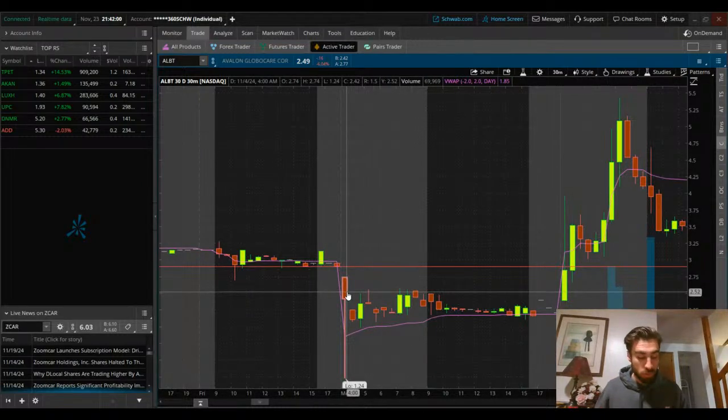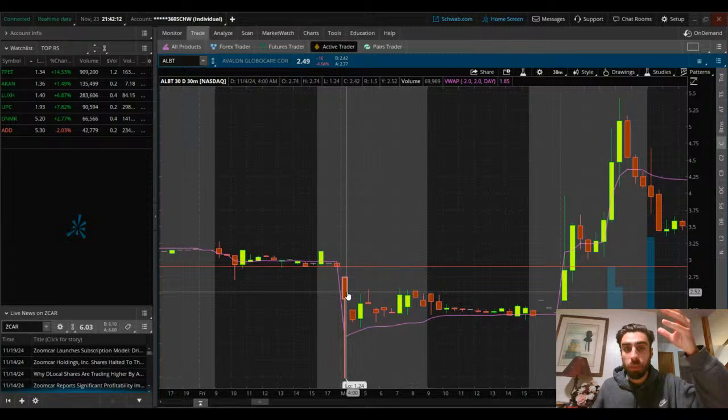That's going to pique my interest. Anything near a whole or a half dollar number, I want to see it make a low and then either consolidate or perk up a little bit and then fall back down and hold it. And those are the things.